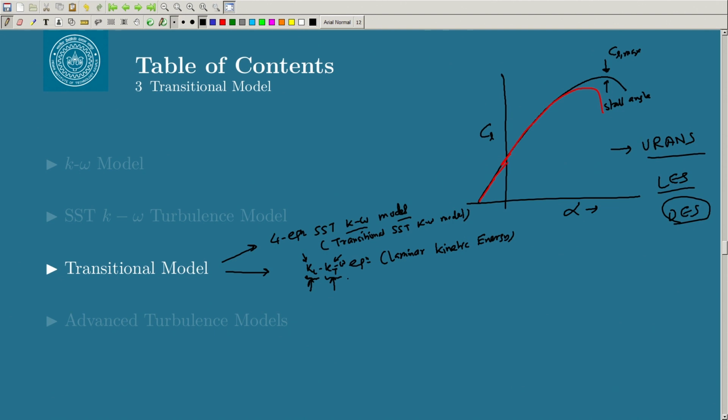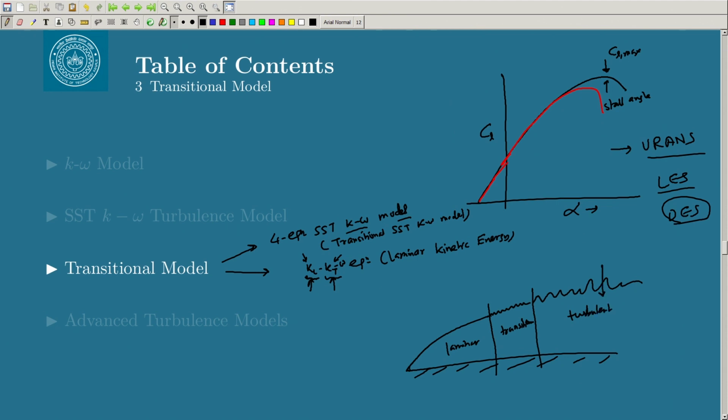If you want to do this on a boundary layer, the flow is initially laminar, this is the edge of the boundary layer, then it becomes a little bit transitional, and then it becomes fully turbulent. So, you have a region I will call laminar, this is transitional, and this is turbulent.